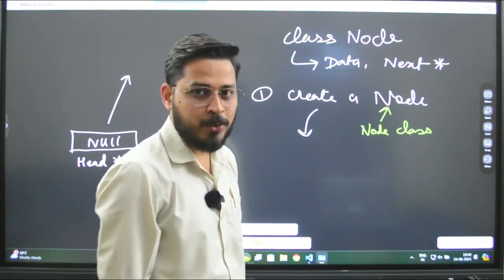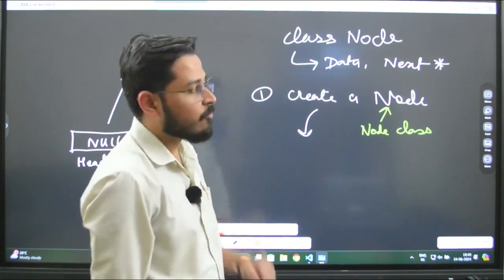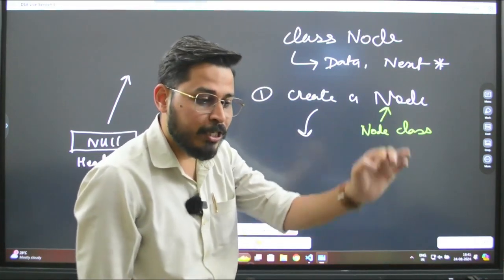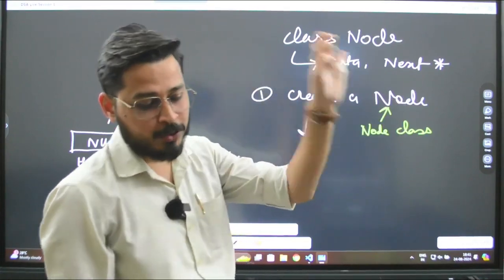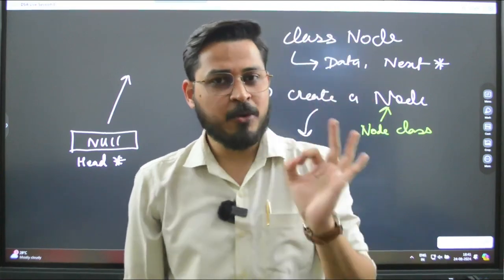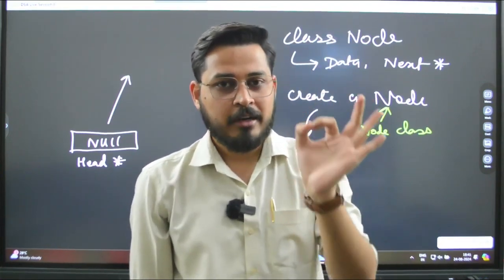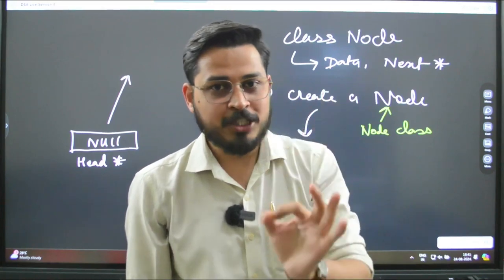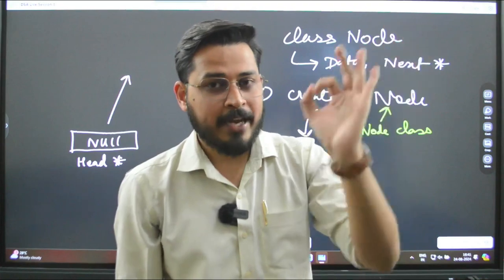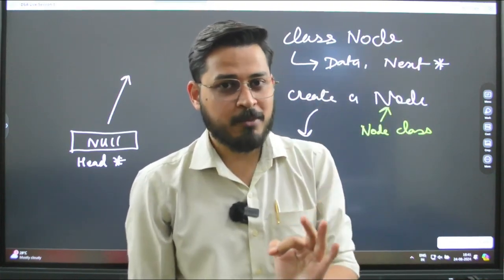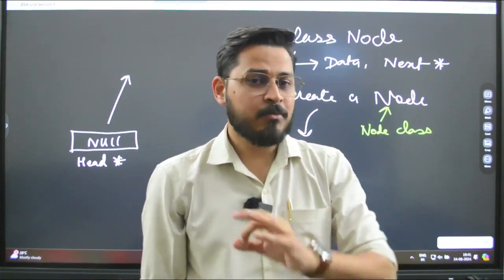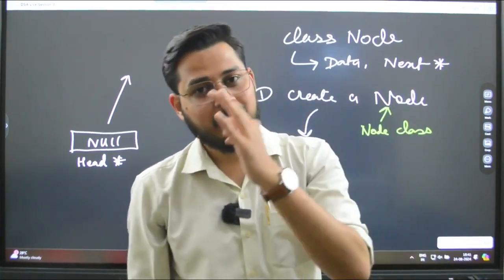So while you are creating the object of that node class, you need to dynamically allocate the memory in C++ using the new keyword. Again, I am repeating, very important concept. If you don't do dynamic memory allocation, then your program may fail. Why? Because it's a dynamic data structure at runtime, it will not work.